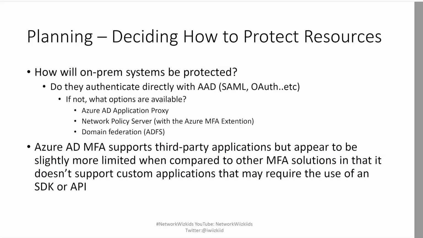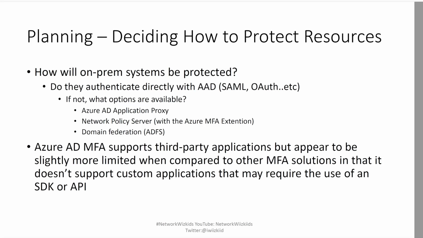We need to look at what authentication they support, how they actually authenticate users. Is it local, or are they using some sort of identity provider? Do they authenticate directly with Azure Active Directory using things such as SAML or WS-Fed? Or if not, what other options are available?